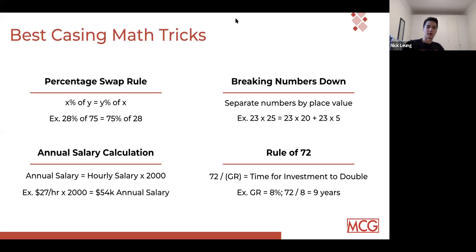Another trick that I use, which is more of an organizational trick than a math trick, is to tabularize your formulas. You'll notice that you'll have multiple exhibits in a case, and sometimes it's really hard to keep track of what numbers and what formulas were what.